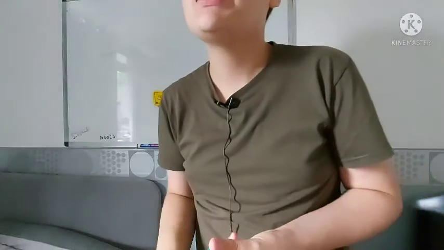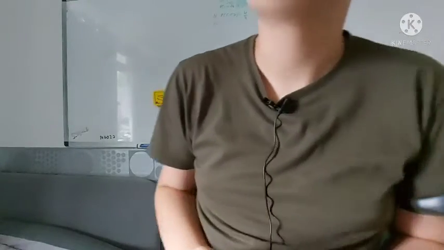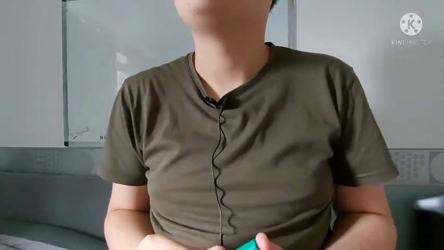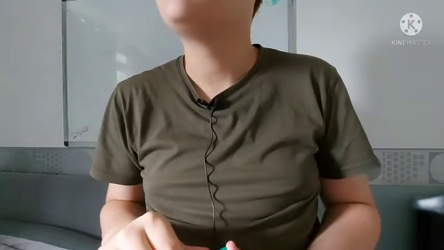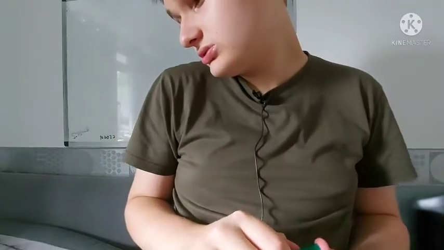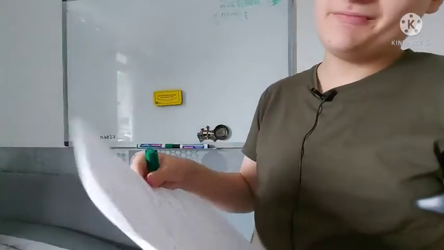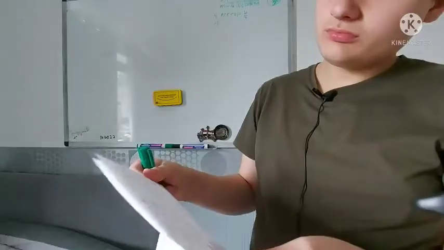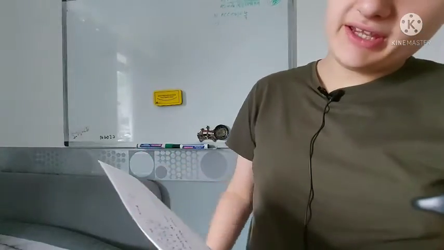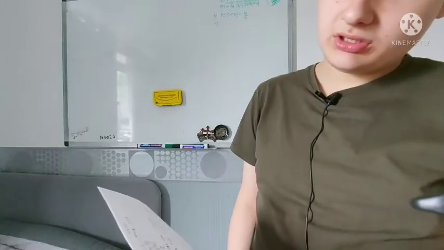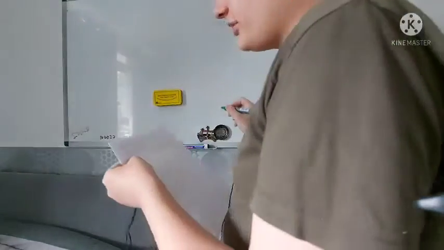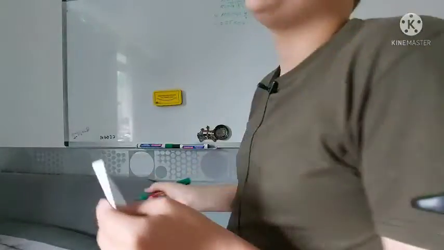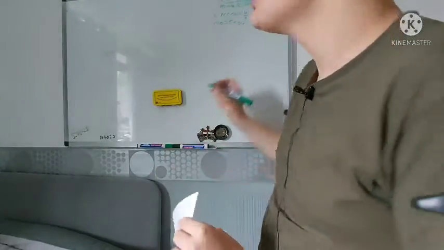So part C says comment on the suitability of Helen's model in the light of this information. Now, looking at what we have here, I've got written down that the 0.315 given in the question is less than the 0.4 recurring, which is what 4/9 is.